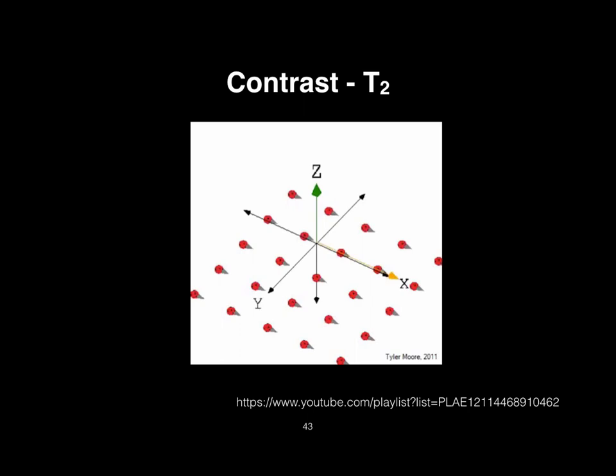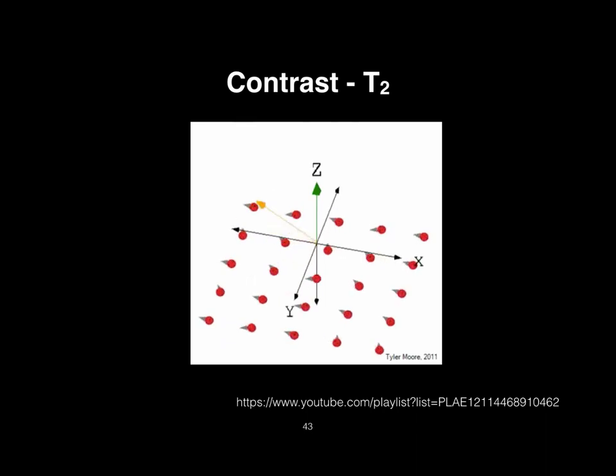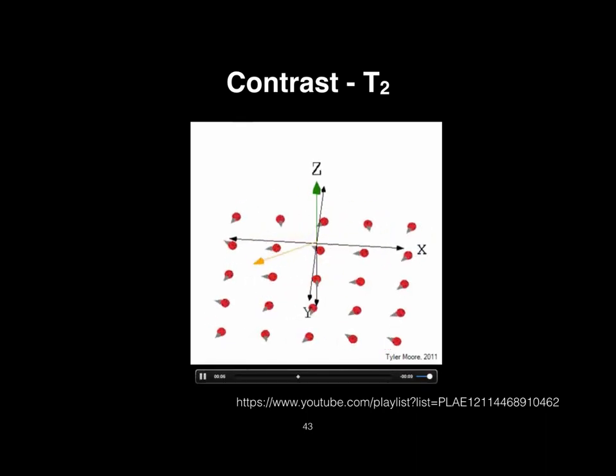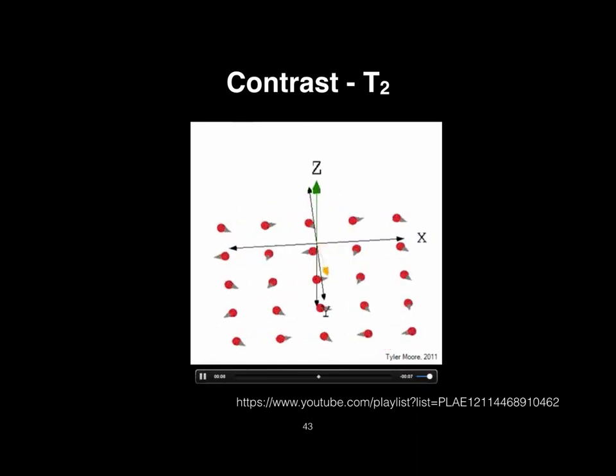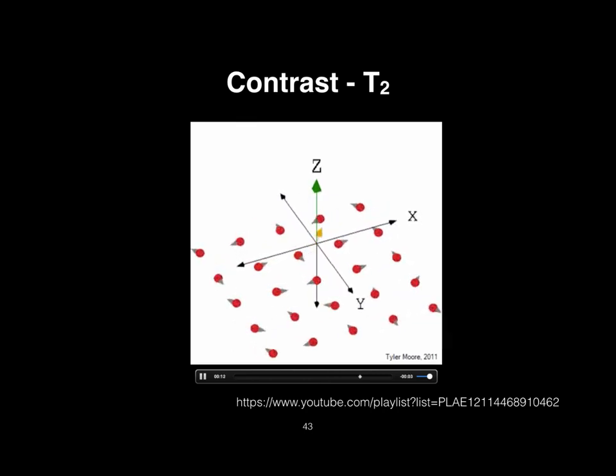After we excite, the magnetization from all these nuclei nominally points in the same direction, and that gives you a nice long vector here, a strong signal that we can detect. But over time, as they keep precessing, you can see they're getting out of step with each other, and the net signal, the sum of all these things added up, shrinks away.